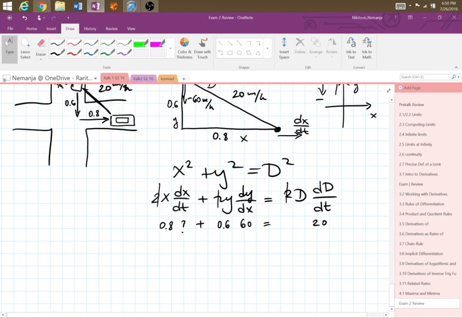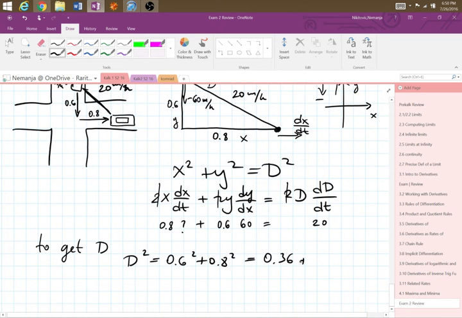So d squared is equal to 0.6 squared plus 0.8 squared, which is 0.36 plus 0.64, which is 1. So the square root of 1 is 1, so d is 1.